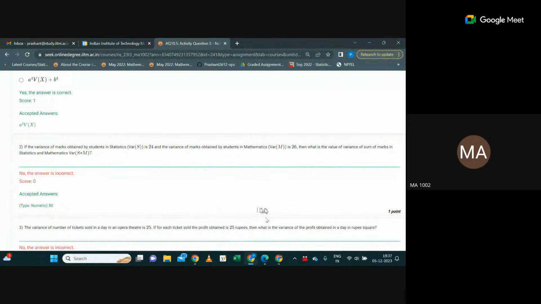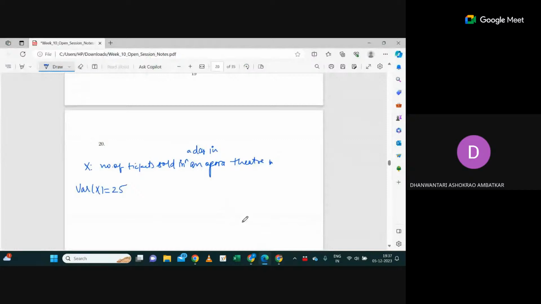How will you represent this in terms of a random variable? Sir, 25 will be a constant value, 25 rupees.